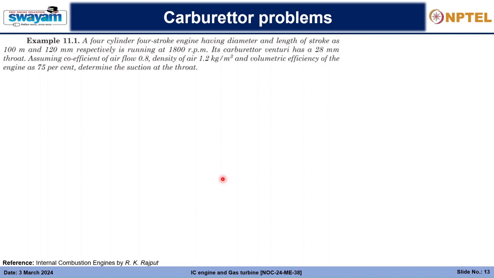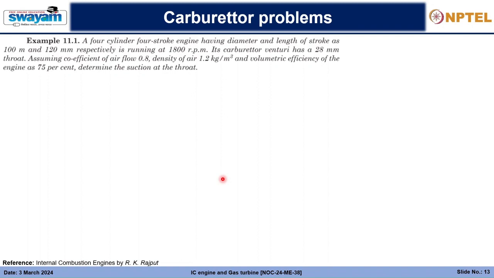So the first question is: a four-stroke engine having diameter and length of stroke as 100 mm and 120 mm respectively is running at 1800 rpm.